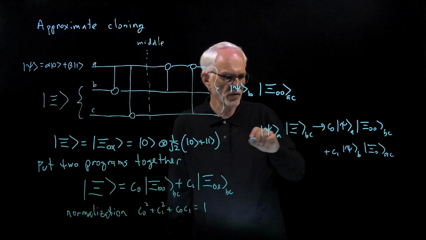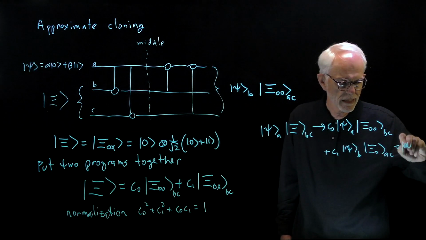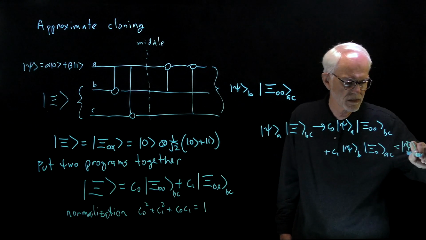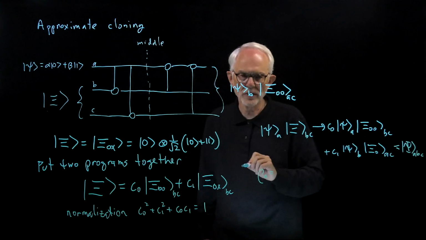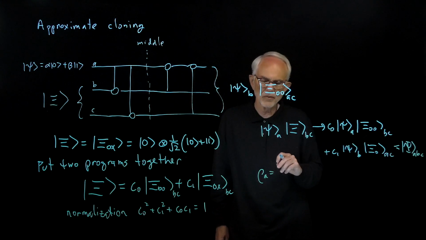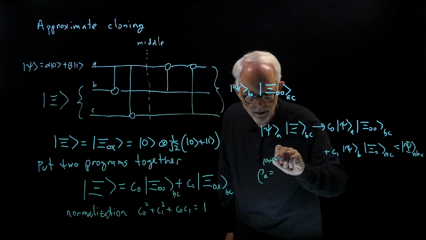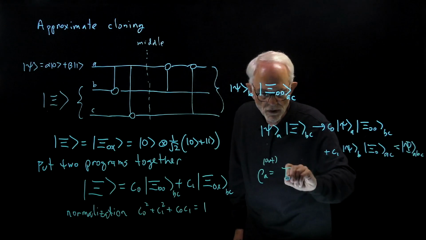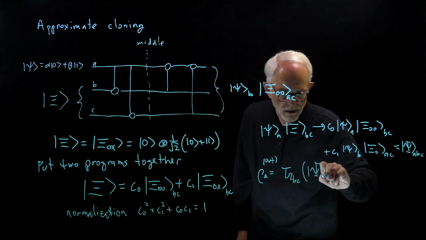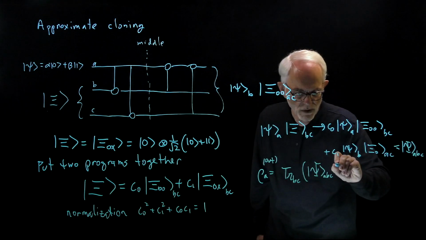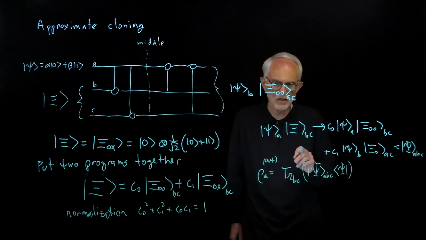Let me call this whole thing capital psi_ABC. So rho_A, which is going to be the state of the A qubit, and let me put an 'out' up here because this is the output, is going to be equal to the trace over B and C of psi_ABC. I'll just write the ABC once. So I'm tracing out the B and C qubits. So what do I get?